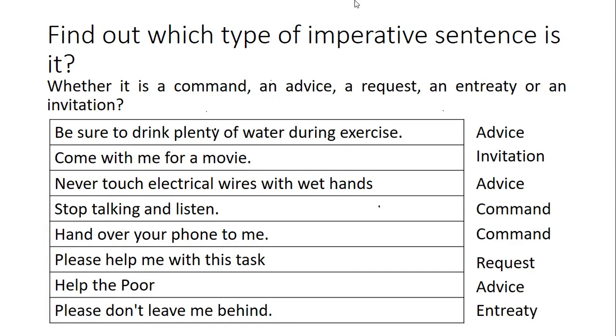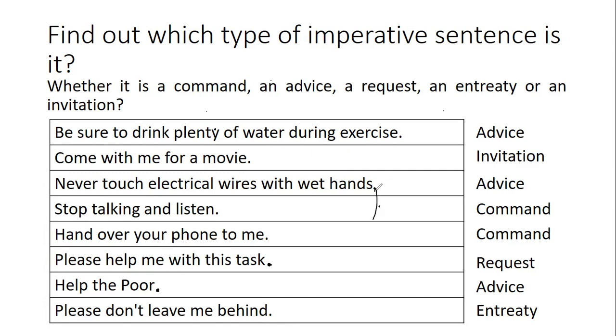Right? One thing you should understand, which I've purposefully made a mistake over here, is that once an imperative sentence finishes, there should be a full stop after the sentence. It gives us an idea that the sentence is over.